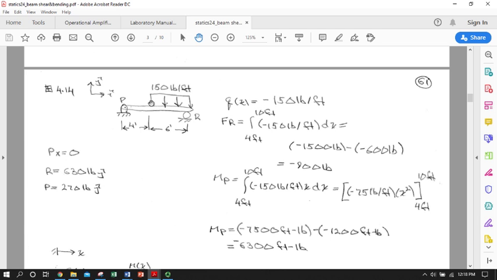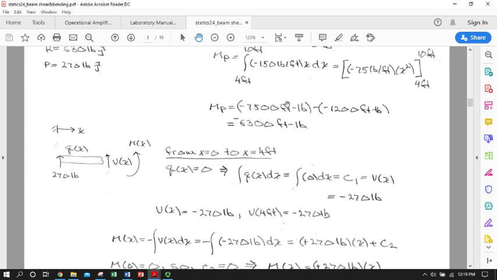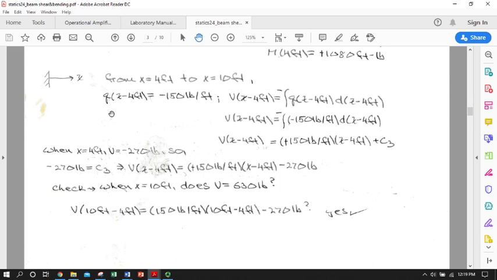We kind of slapped on a temporary coordinate system where x equals 0 was right here at the beginning of the distributed load. Well, if we want to index everything back to P, we can't use this because that would be telling us our distributed load picked up right here. So we've got to put in some kind of offset that says we don't start applying that distributed load until x gets to be a certain value.